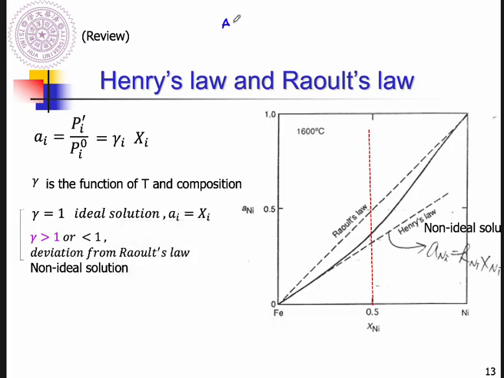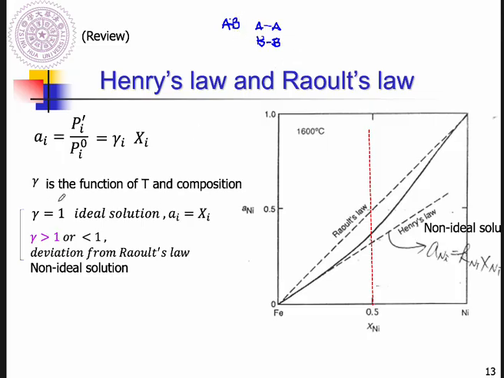So which means that before mixing A and B, right? Before mixing, we do have AA bond and BB bond, right? And after mixing means that some bonds will become AB bond. So what's the ideal solution? Which means that the bond energy between AA, BB equals to AB.